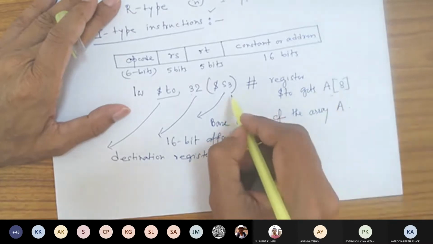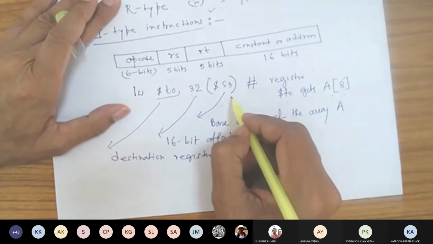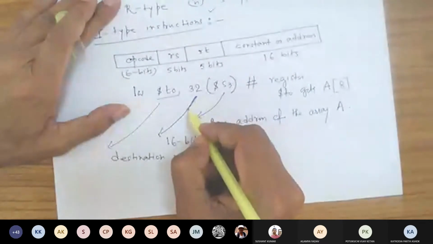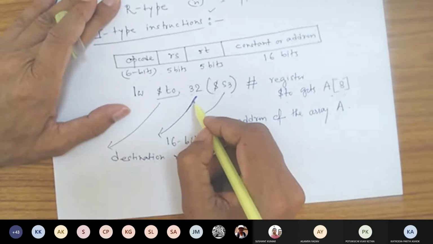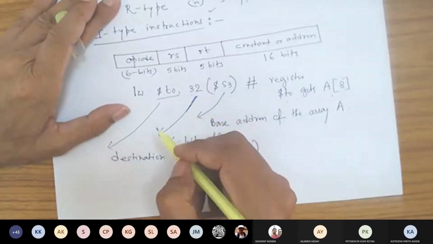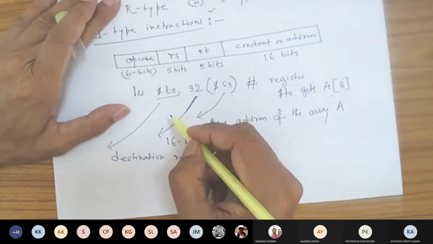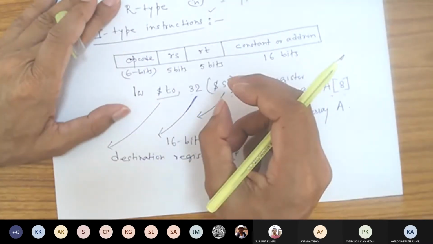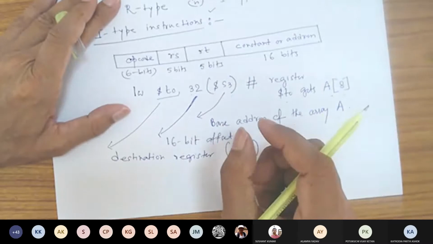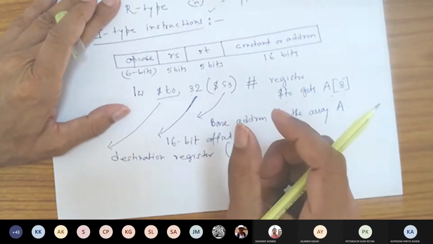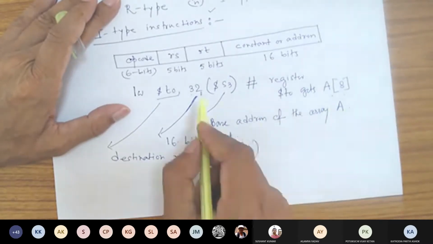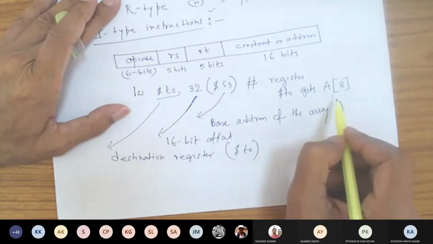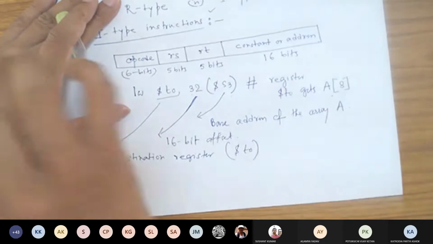The base is stored into the base register S3, and the 8th element of the array, because the memory is byte organized and we are accessing an integer value which is stored in one word, and one word means 4 bytes. So that's why these 32 bytes means the 8th element of the array. Very simple.